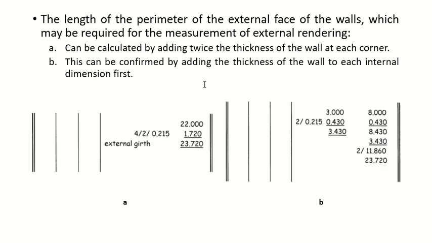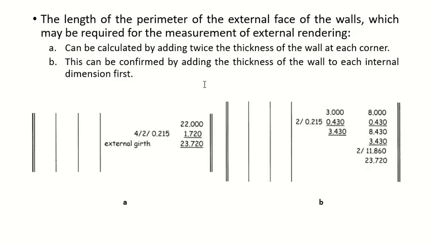So how many corners will we have? 4 corners. So 4 for each corner. And in each corner you have the combination of 2 walls, right? You will add one wall thickness and the other thickness. Okay, this is a corner. I am at the inside edge and I want to get to the outside edge.